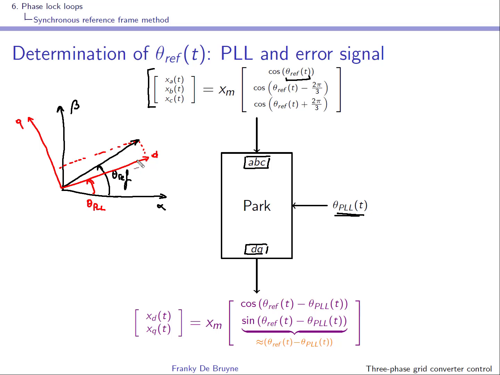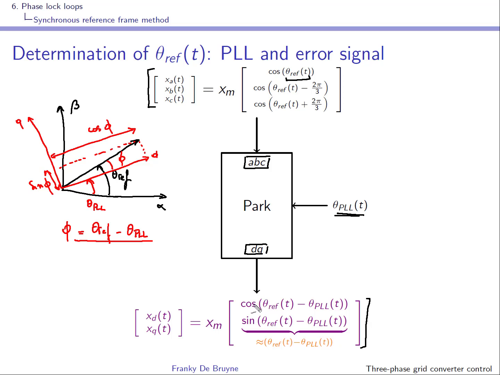This here will be cosine phi, and this will be sine phi, and phi is defined over here. So phi is theta ref minus theta PLL. After Park transformation with my PLL angle, I obtain the following result over here.